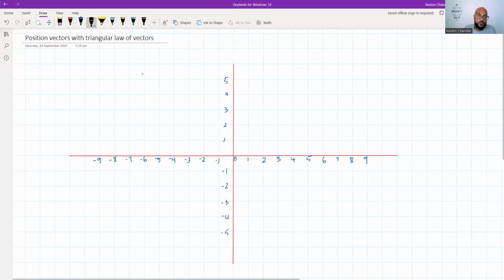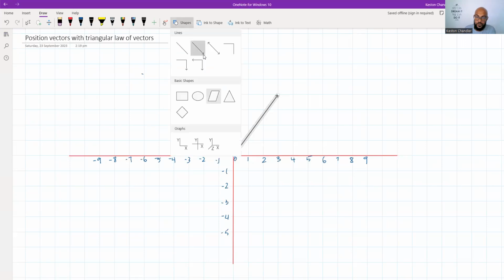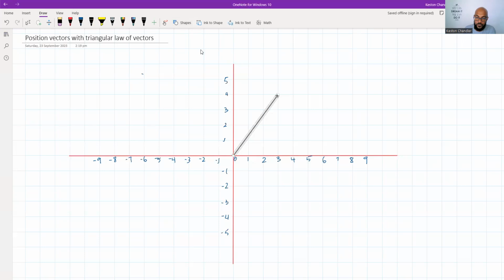Good. We'll do some vectors now. Position vectors. So let's say we have one going there, and another one going this way.